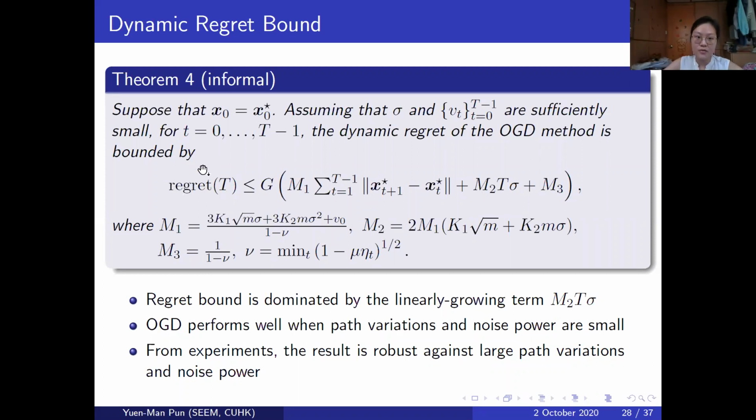Recall that the regret bound is an evaluation of the online algorithm, right?